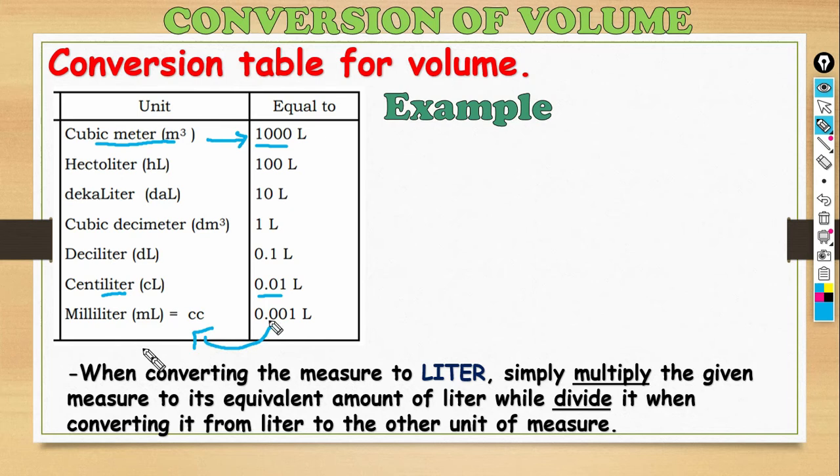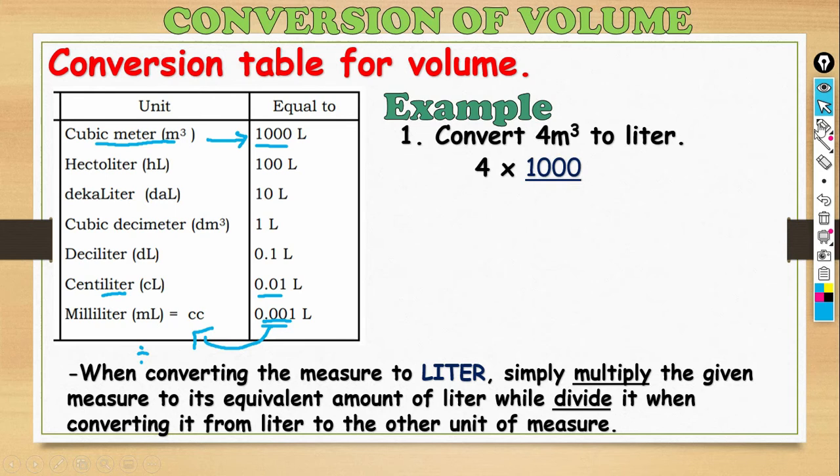Okay? So, para mas maintindihan na mabuti, sa example number 1, convert 4 cubic meters to liter. So, syempre, meron tayo ditong cubic meter. Pero yung sabi ko, i-multiply natin dun sa value ng liter niya, which is 1,000. So, ang magiging value ay 4,000 liters. Next, number 2, ito naman, convert liter to centiliter.